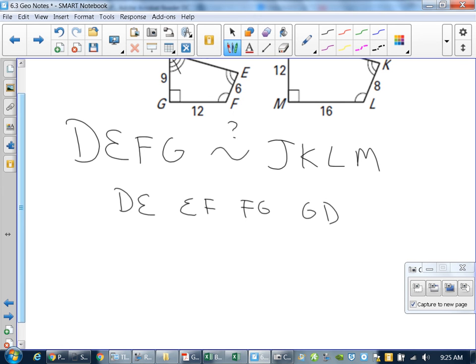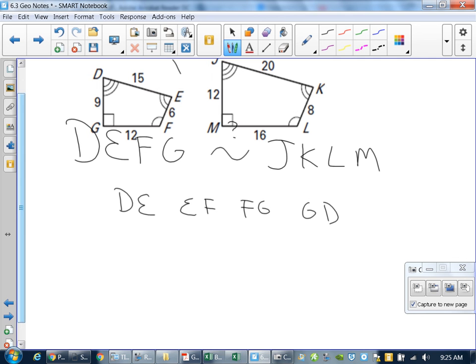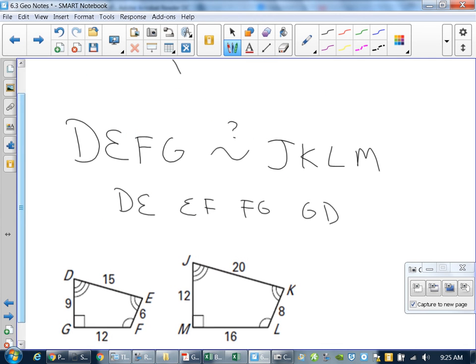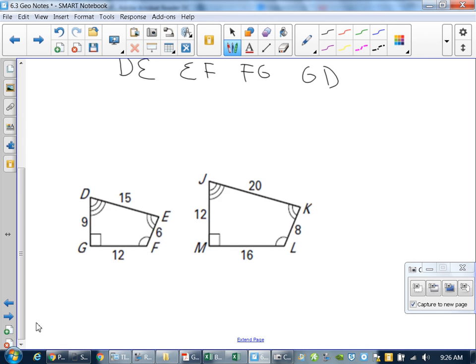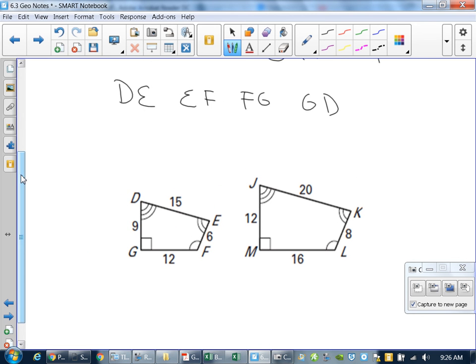Now, if these are going to be similar to one another, each one of the side lengths that correspond to each other is going to have the same fraction. So, side length DE matched up to, let me move this up a bit so I can see. Side length DE matched up to what 2 letters on the other one?